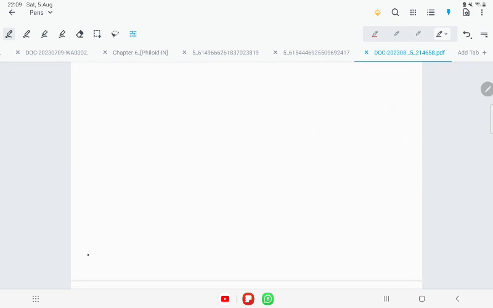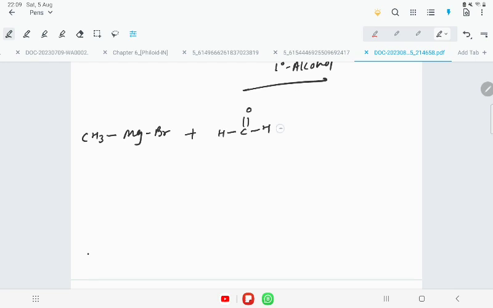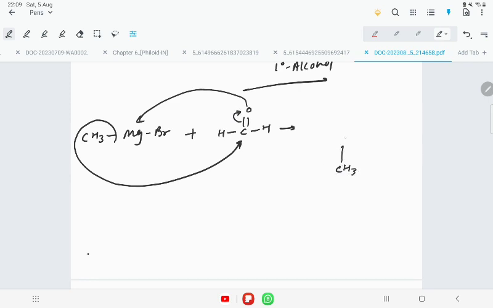Now student, take the example, suppose you are having CH3MgBr, and you are treating with H, C double bond O and H. So let us see, this group is attacking here, so this is accepting here, so it is going to give CH3, upside you will get the CH2, here you are going to get OMgX.